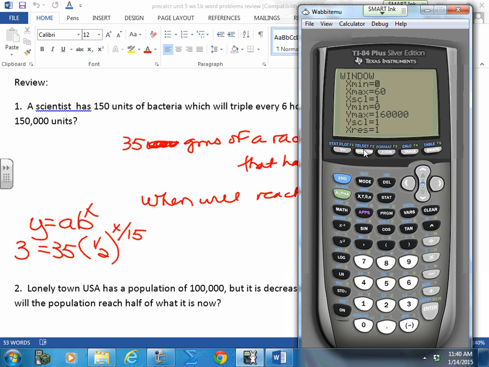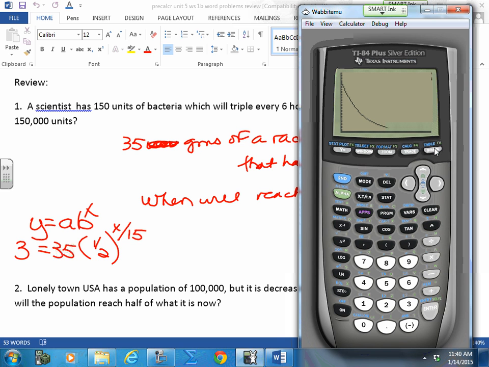So what should I set my windows at? 35 maximum for X? For Y? 35 maximum, yeah, make it 40. It's decreasing. What should my X max be? My X max is my years. It's decreasing every 15 years. Okay, let's make it 100, see what it looks like.